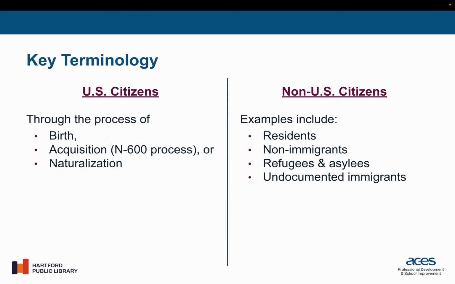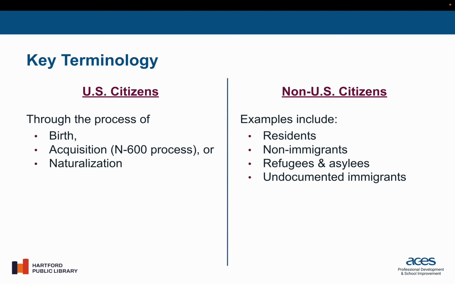People who do not meet the conditions for citizenship by birth or by acquisition can still become U.S. citizens by naturalization. In this course, we will be discussing in particular the naturalization route to U.S. citizenship, though it is good to keep in mind that one person's path to becoming a U.S. citizen can look very different from another person's path.